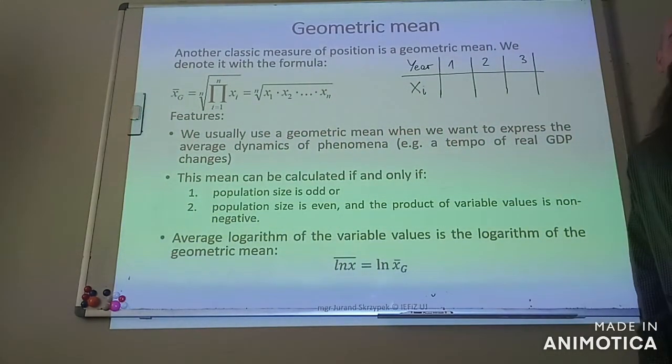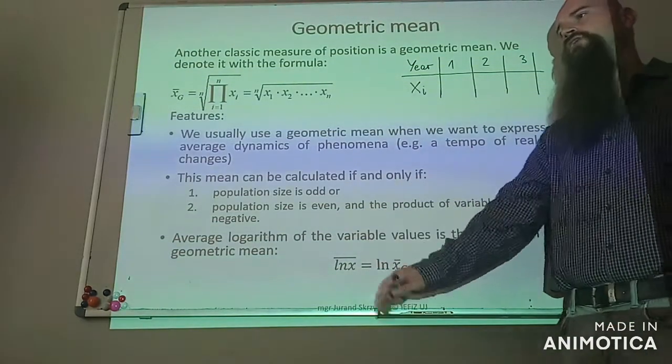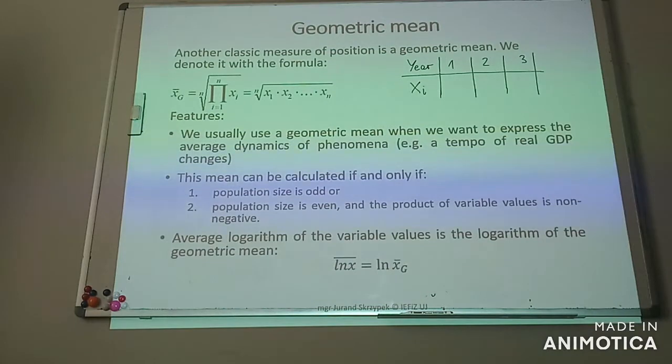First goes geometric mean. Geometric mean is an alternative measure to an arithmetic mean, which can be simultaneously used and can be treated as a supplement to our considerations about the average level of the indicated phenomenon.